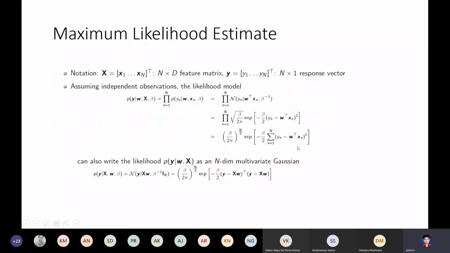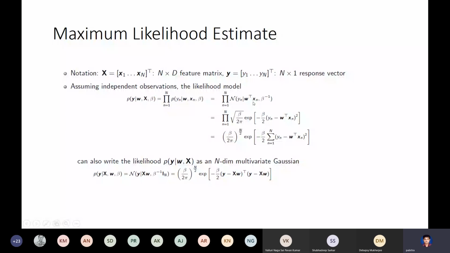So if that is so, and if x1 to xn are independent, then the total probability P of y given W and the capital X, which is this training set, is, because they are independent, the product n equal to 1 to N of P of yn given xn, W and beta. And each of these individual yn given xn we have already seen to be normal. We have already derived it to be normal by the properties of random vectors, addition and scaling of random vectors.